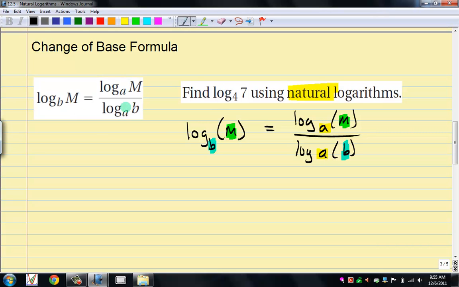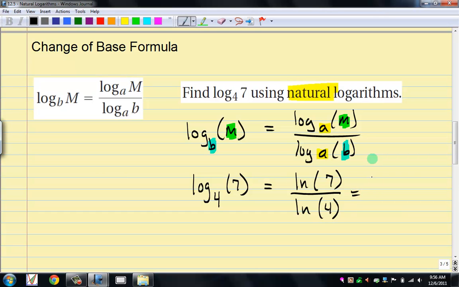So if we use this formula, we'll say log base 4 of 7 is equal to ln of 7 divided by ln of 4. And on your calculator, you just push ln. If you want to write this a different way, you'd say log base e of 7 divided by log base e of 4.